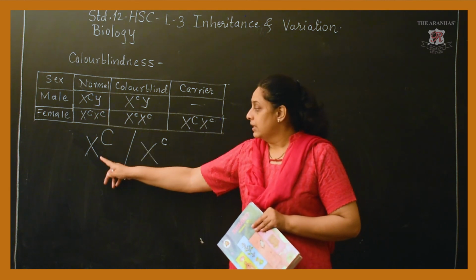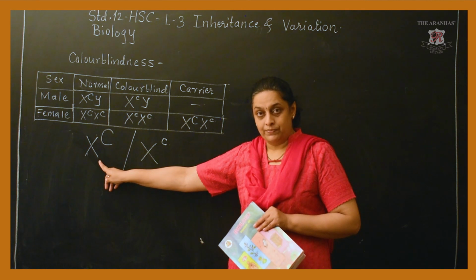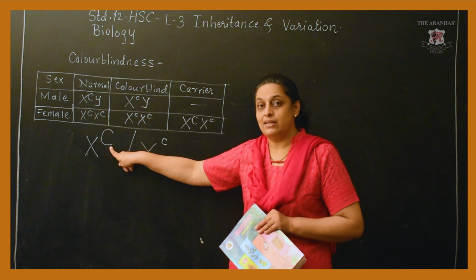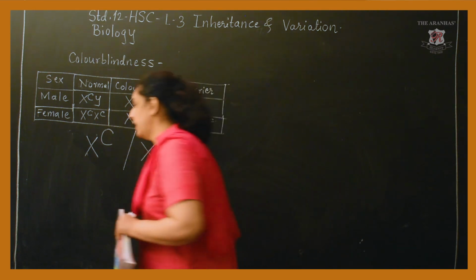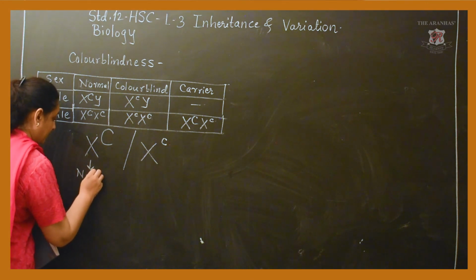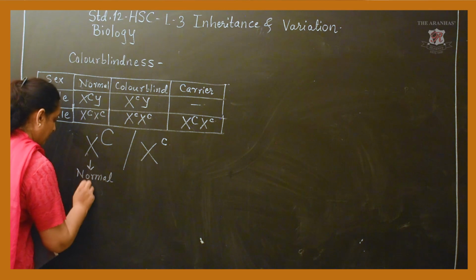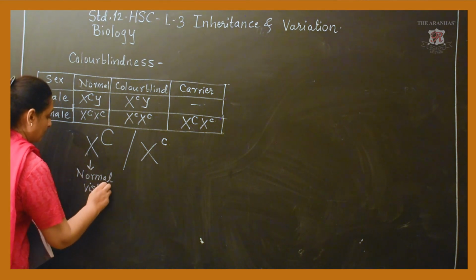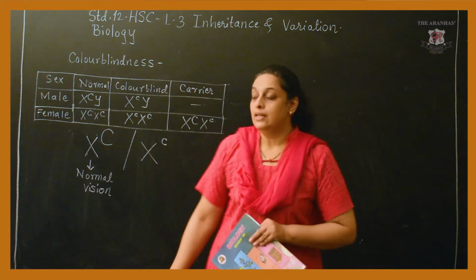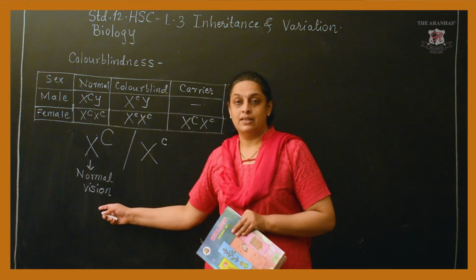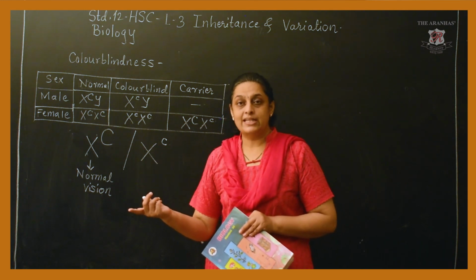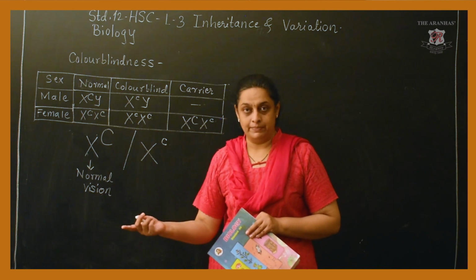Normal vision is a character dominant over its recessive form.